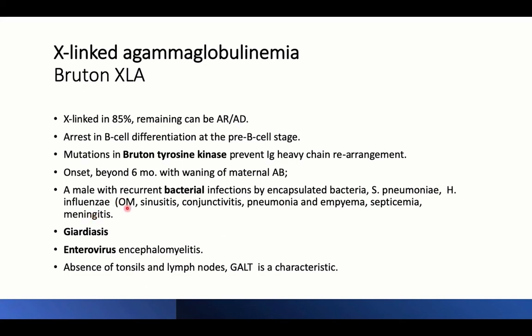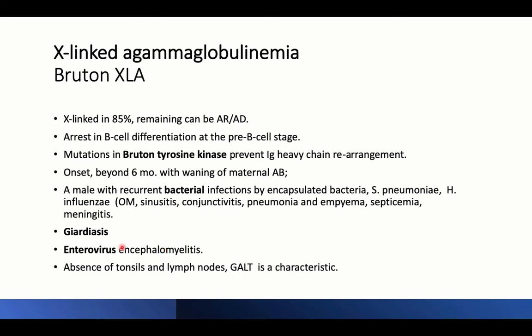So the presentation can be with recurrent otitis media, sinusitis, conjunctivitis, pneumonia, empyema, septicemia, and meningitis. So antibody deficiency will present with recurrent infections with bacteria, specifically encapsulated bacteria. Others include giardiasis, extensive recurrent giardiasis, and enterovirus infections. If you remember the enteroviruses, including poliovirus that can present with encephalomyelitis, and also Coxsackie viruses.